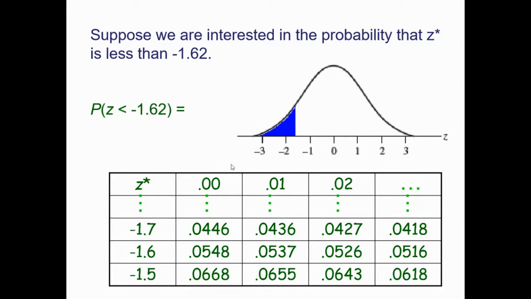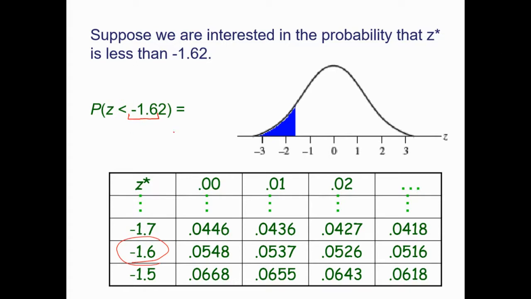So the way we read this, the way we use our probabilities here in the chart, you take the first 2 numbers here. So this number could be a 0, it could be a negative 1, 2, 3, whatever, just the first 2. That's what you're going to look at down the first column. This is an abbreviated table, it's not the full table. But our first 2 numbers are negative 1.6. So down my left column, I'm going to look for negative 1.6. That's the row I want to start with.